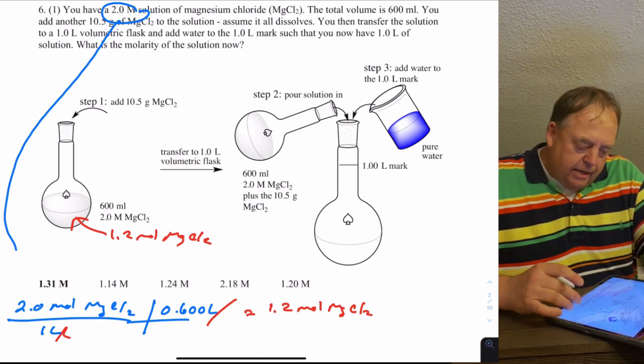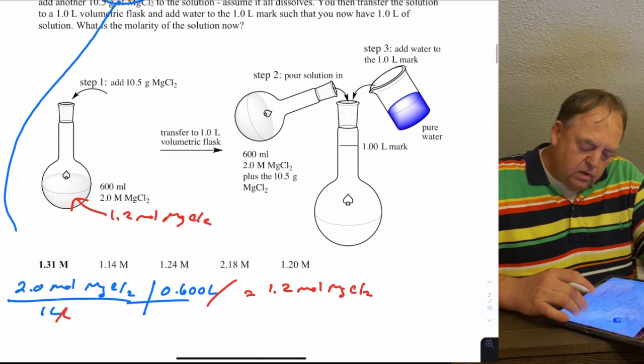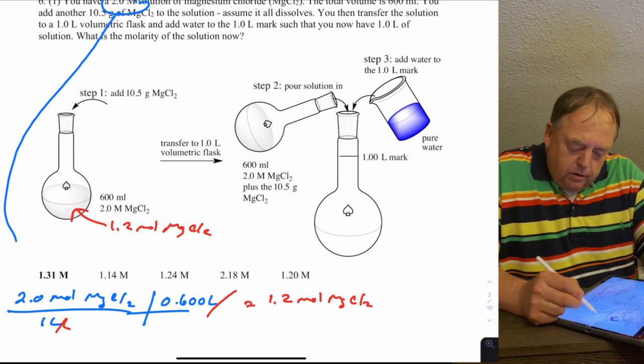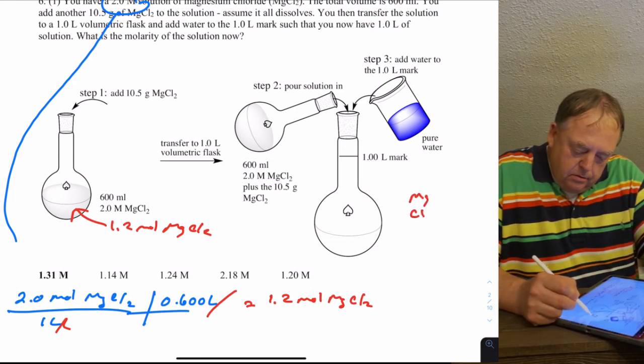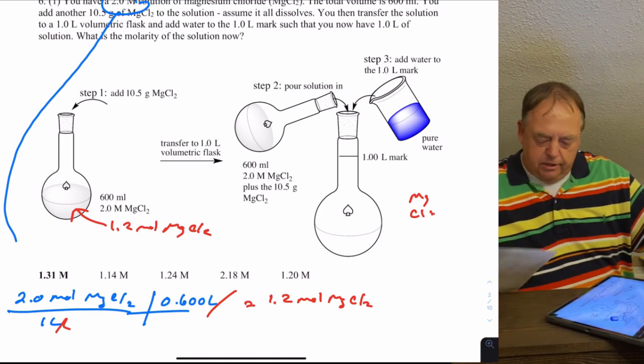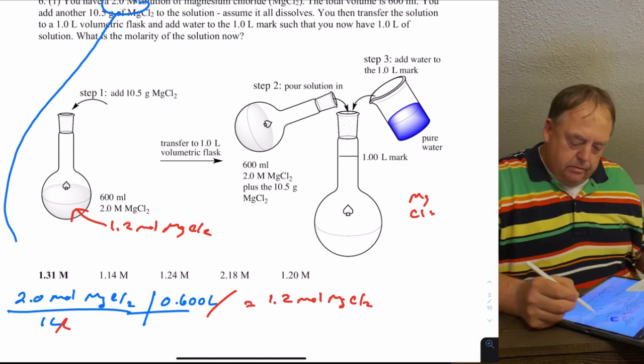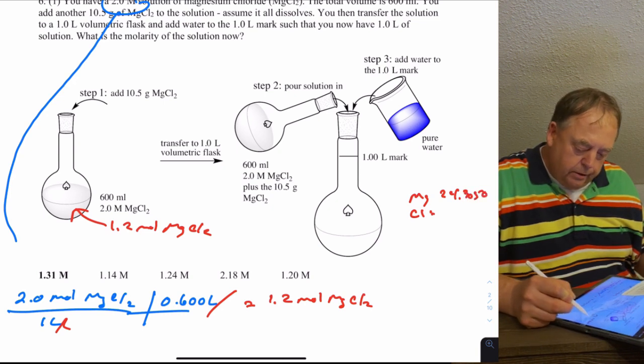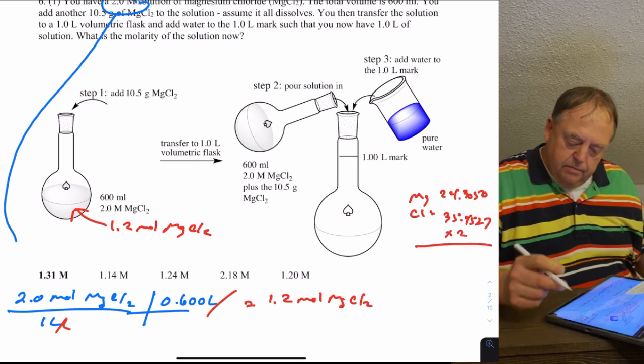And now let's convert that to grams. So you need the molar mass of magnesium chloride to solve this. So you need a periodic table. Magnesium's 24.3050, chlorine's 35.4527, and there's 2 of them.